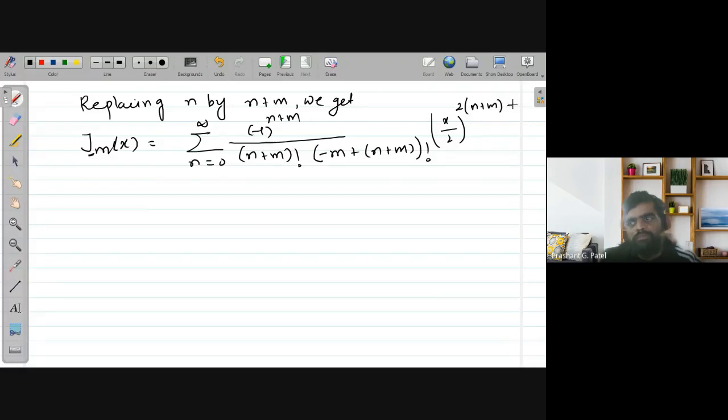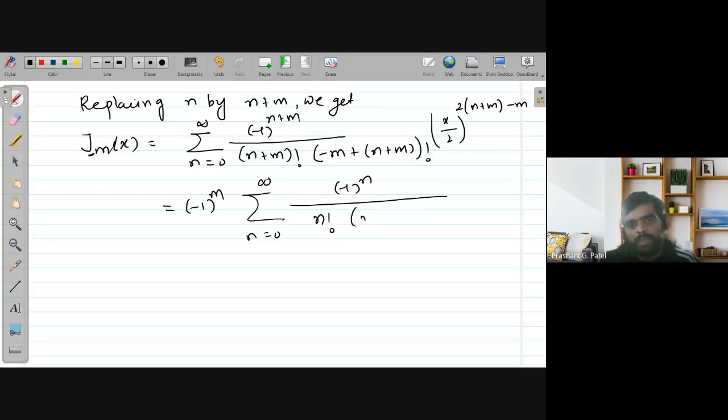So (-1)^m is common out from this summation n running from 0 to infinity, (-1)^n upon n factorial, this quantity will give you n factorial, I am writing that first, and this is (m plus n) factorial, into (x by 2) power 2n plus m, because 2m minus m is m.